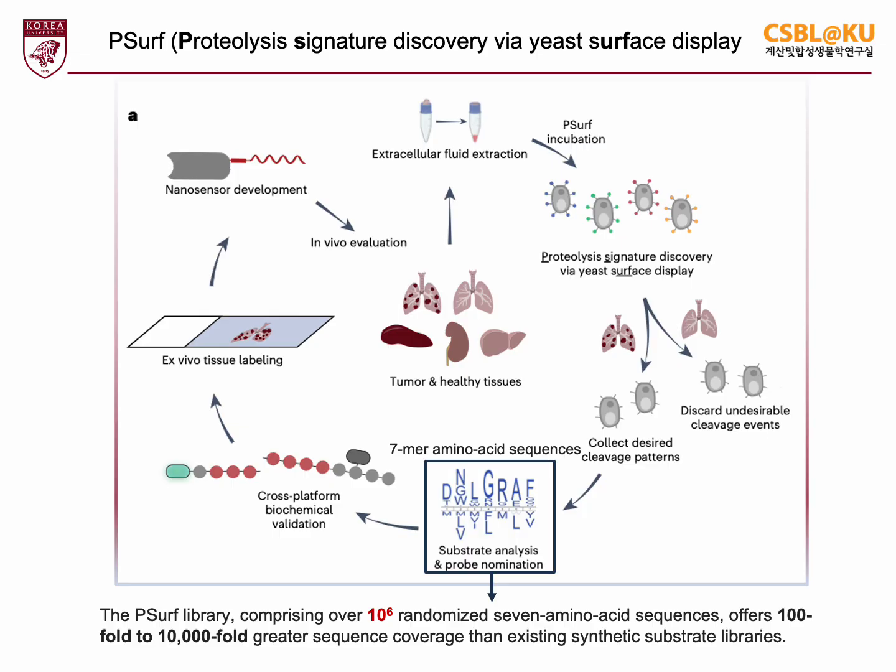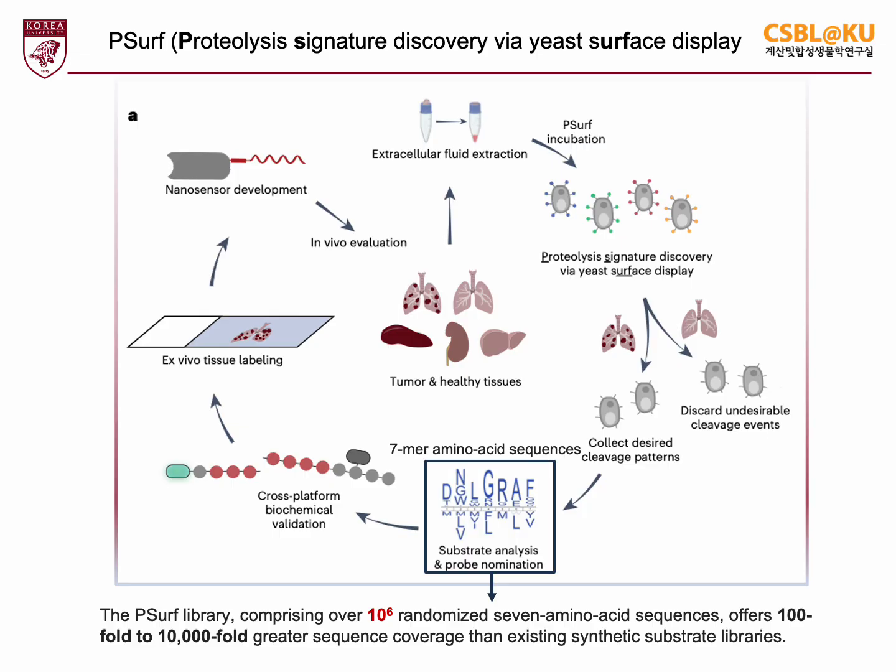This figure introduces the overall concept of this paper, which is to discover protease-cleavable peptide substrates directly from real tissue environments rather than from purified enzymes alone. In this workflow, organs and tumor tissues are collected from animal models, and extracellular fluid samples are isolated and applied to a large PSURF-based display library containing randomized peptide substrates.